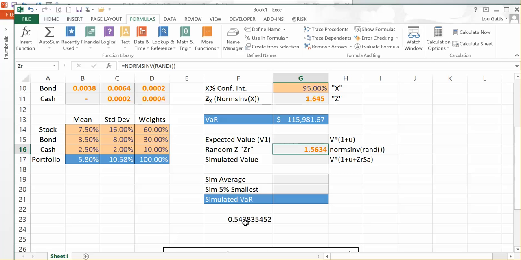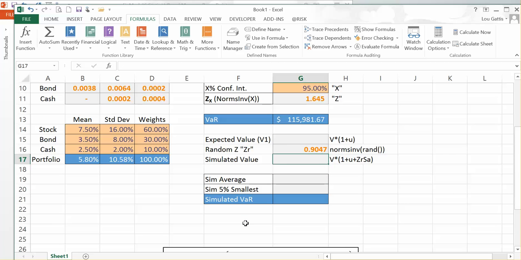These random numbers have a mean of 0 and a standard deviation of 1. So if I were to generate, say, 1,000,000 of these random numbers in this cell, G16, I would take the mean, and you'd see it would be 0. If I took the standard deviation of that column, or that series of numbers, it would be 1. So these are the random numbers I'm going to use in my VaR formula.